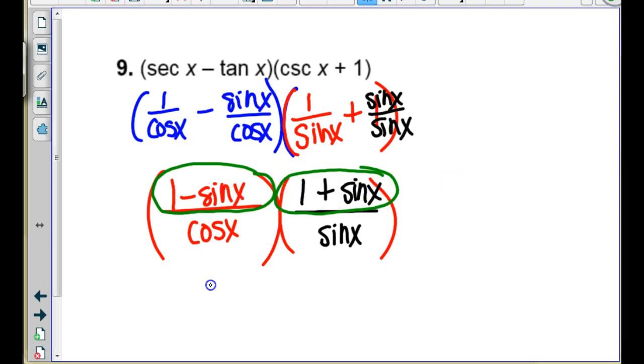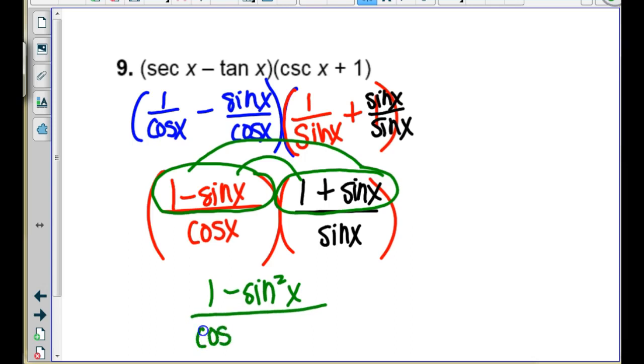One times 1 is? 1. Okay. The middle term here and the middle term here will do what? Yes. So that's the good news, okay? It's like the difference of squares. We're FOILing it, so we get 1 minus sine squared.